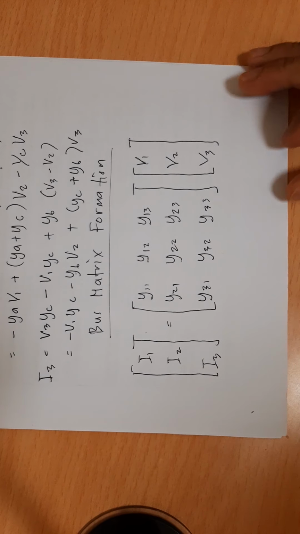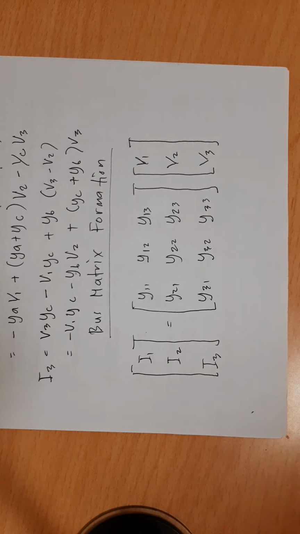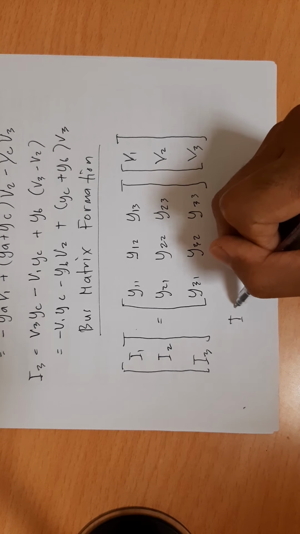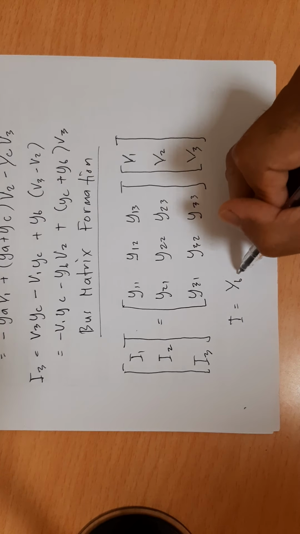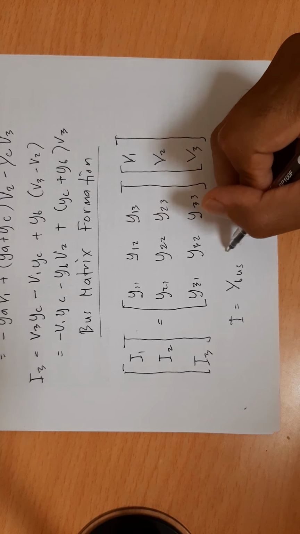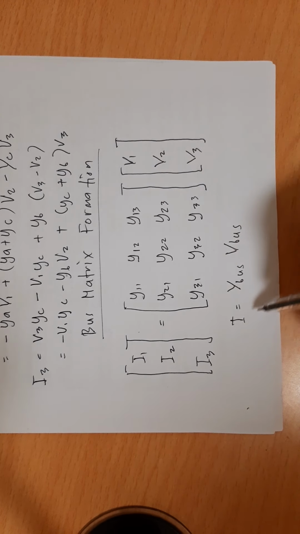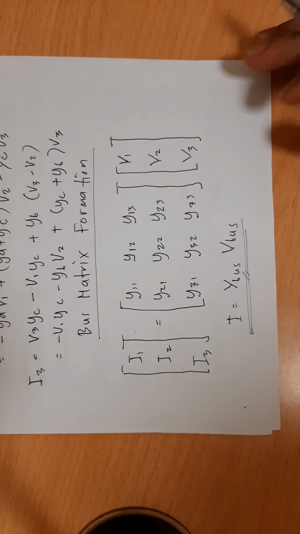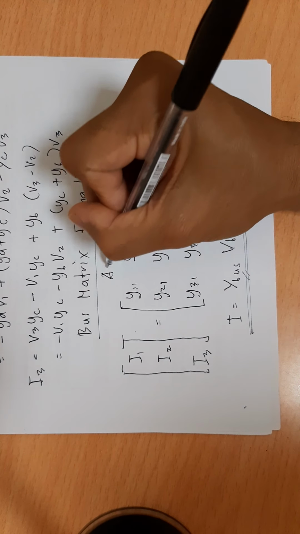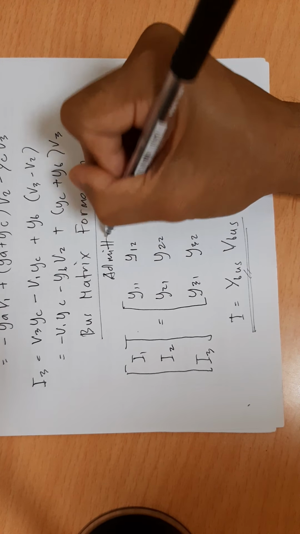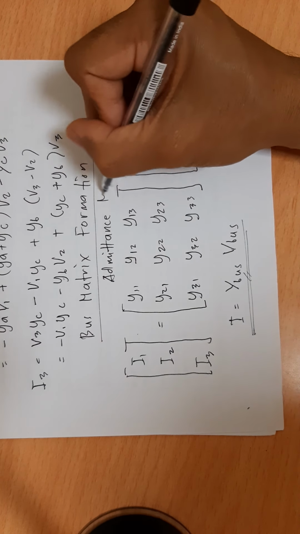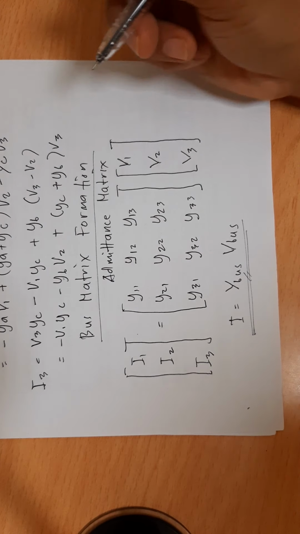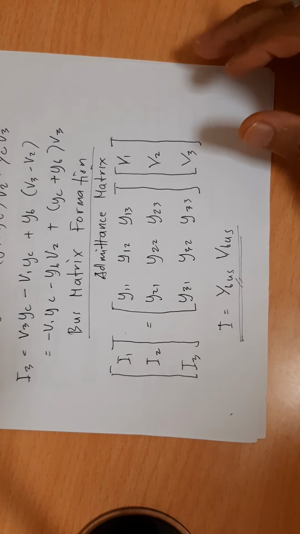This is how the bus matrix is formed. So the current is equal to Y bus times V bus. This is the admittance matrix, which we are going to use during the Gauss-Seidel method.